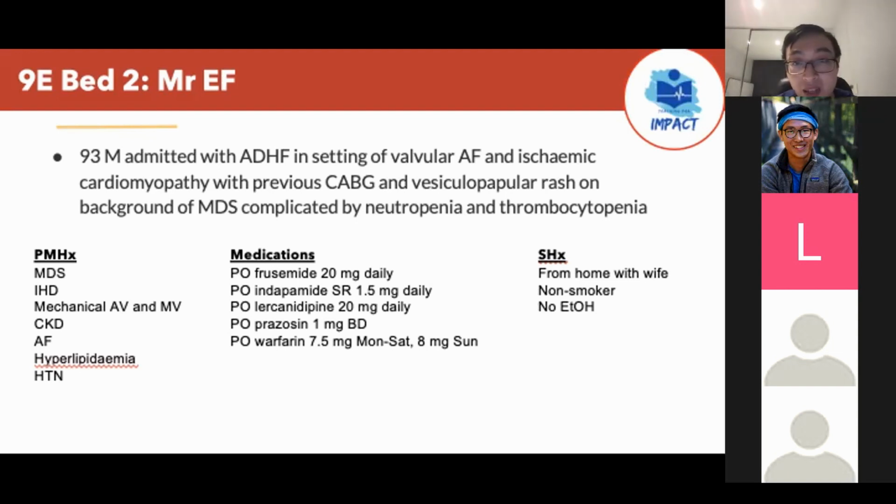Cool. And the other one that I wanted to highlight was lercanidipine. Does anyone know what lercanidipine is? Also a commonly seen drug on medication lists. Yeah, what kind of CCB?